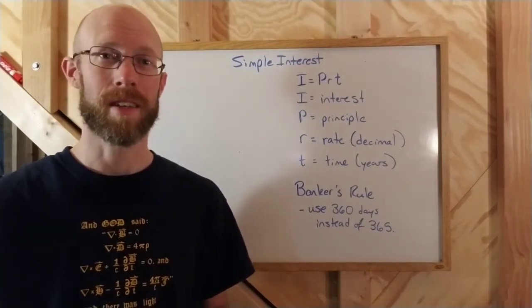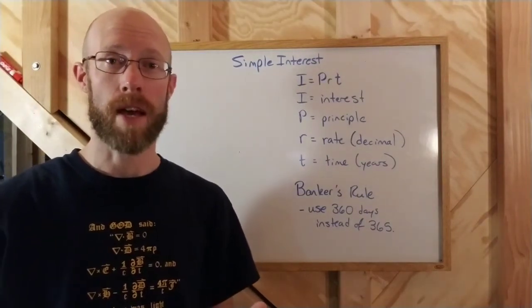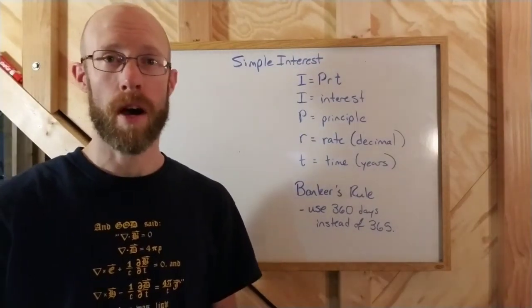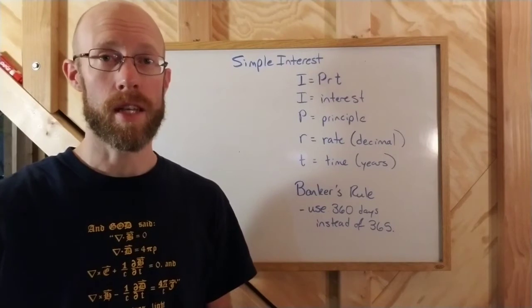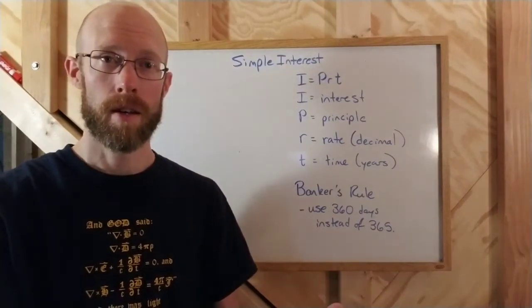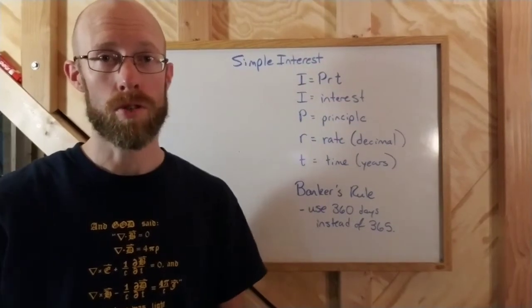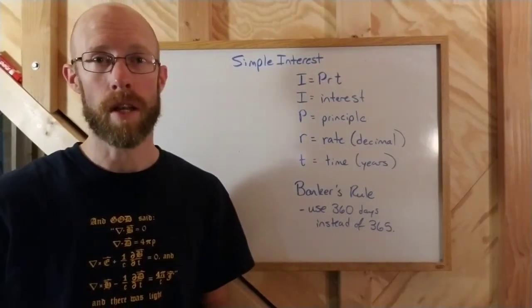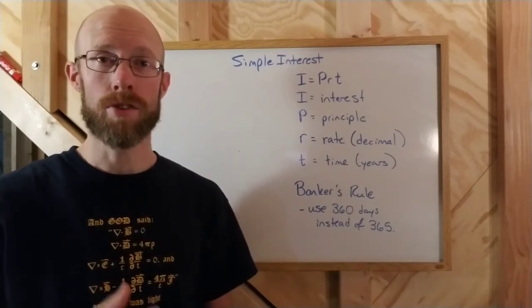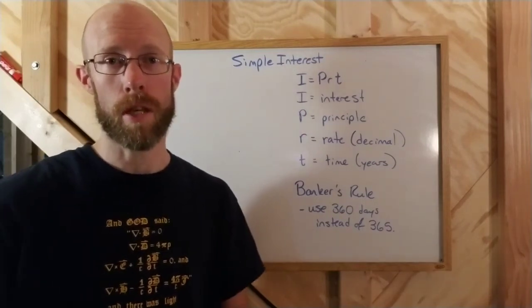Okay, so basically, in the case where you may have a savings account or a certificate of deposit at a bank, a CD, you deposit your money at that bank. They pay you a certain percentage of that money in order for them to keep it, and then they turn around and lend it out to other people.